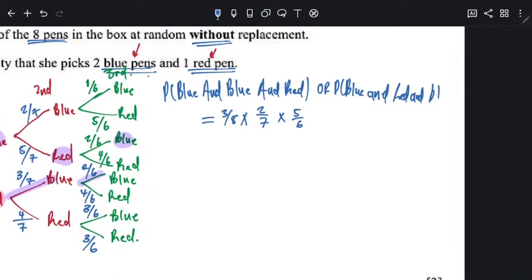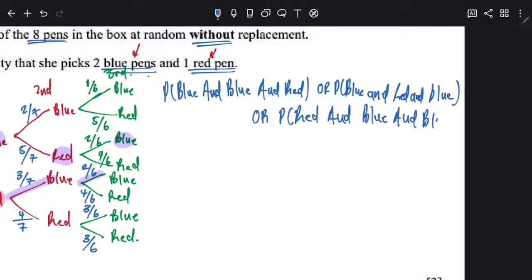This is the other way we can get 2 blues and 1 red. Or the last and final way to get 2 blues and 1 red is probability of red, and you now say blue, and you say blue again.